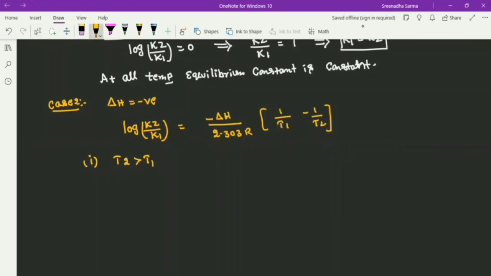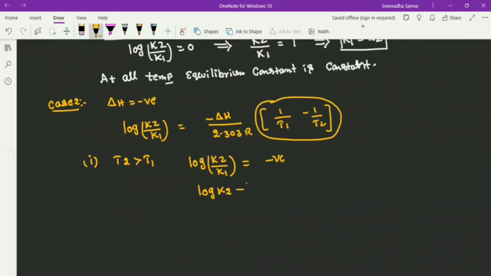If the temperature increases, then for log K2 by K1, this term is a positive value, so the total value will be negative. So log K2 by K1, that is log K2 minus log K1, is negative.